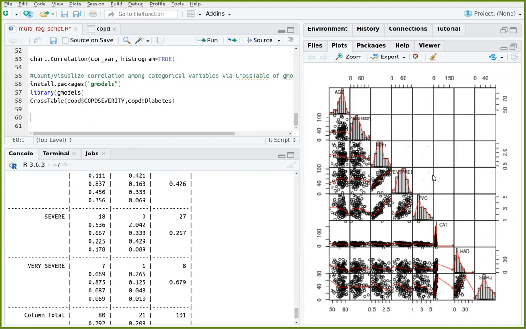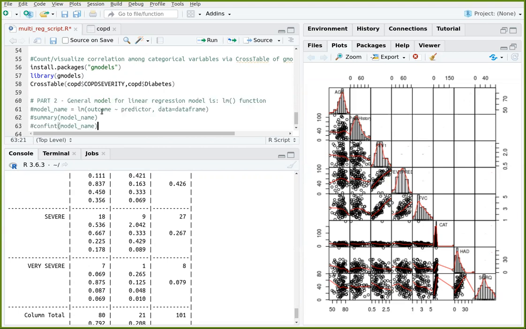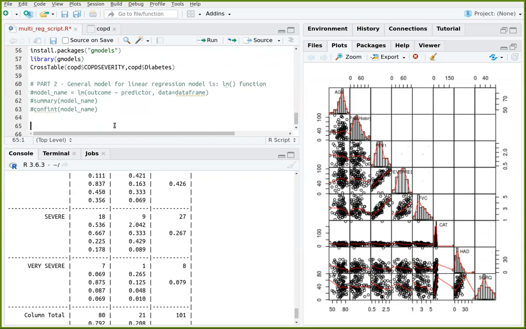So let's remember, we may have done this regression model before in R, and I'm going to put here for notes the linear regression equation. And the multiple regression is just the addition of predictors into the linear model.